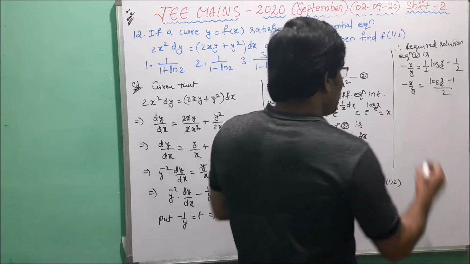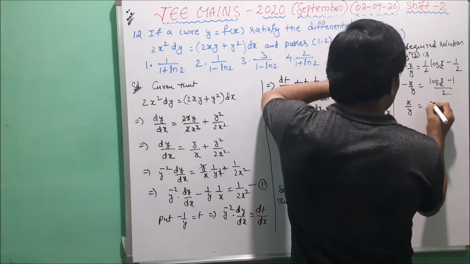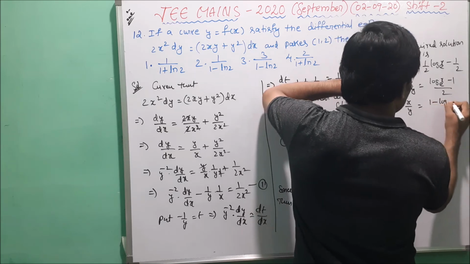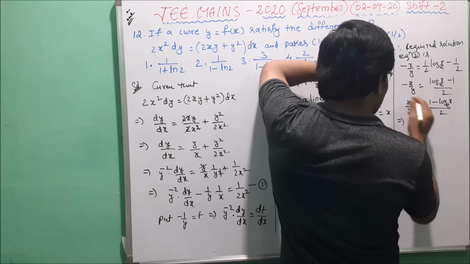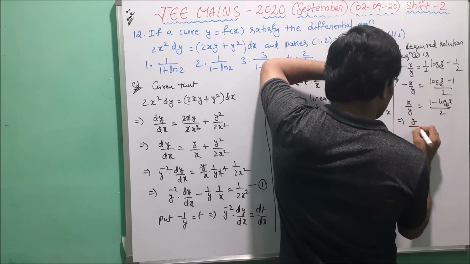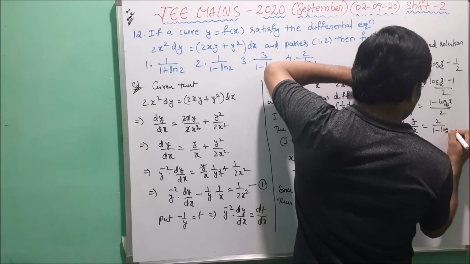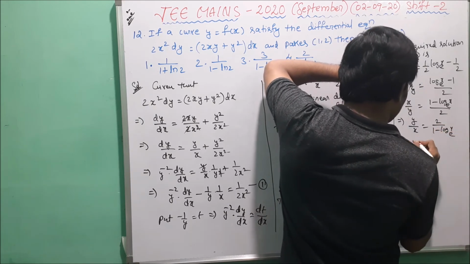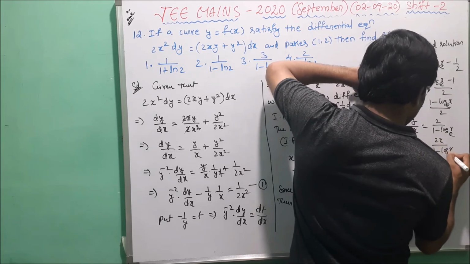Now we observe x/y equals, multiplying with minus 1, (1 minus log x)/2. Now reverse that equation. We write y/x equals 2/(1 minus log x), which implies y equals 2x/(1 minus log x).